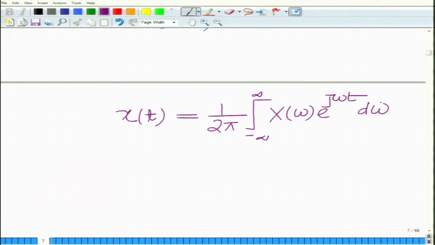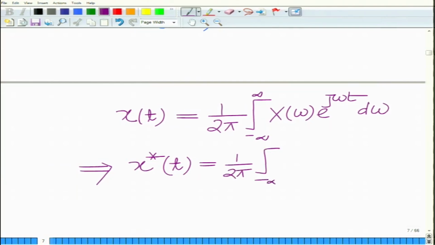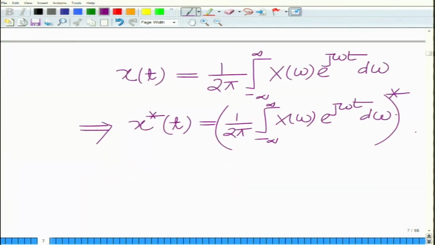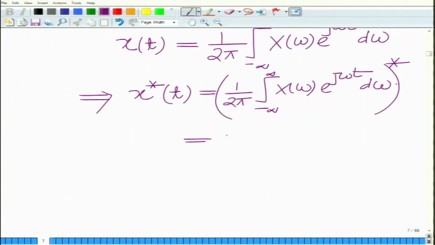which implies that if you take the complex conjugate on both sides, then you have x conjugate of t is 1 over 2π integral of X conjugate of ω e raised to minus jωt dω, after taking the conjugate operation inside.